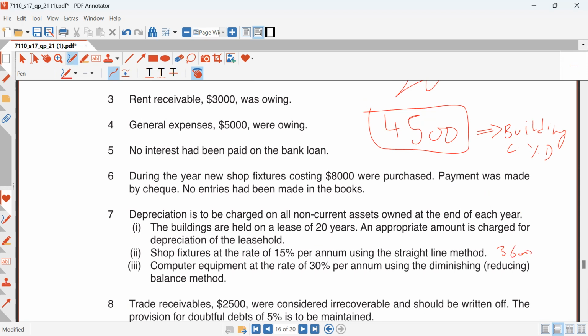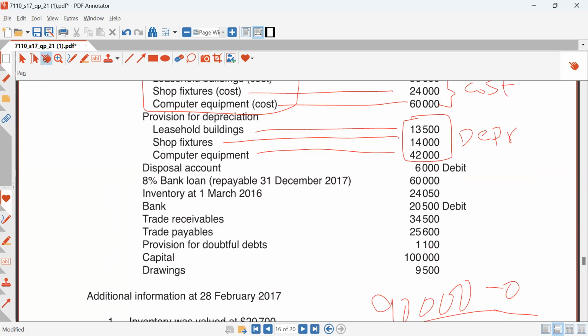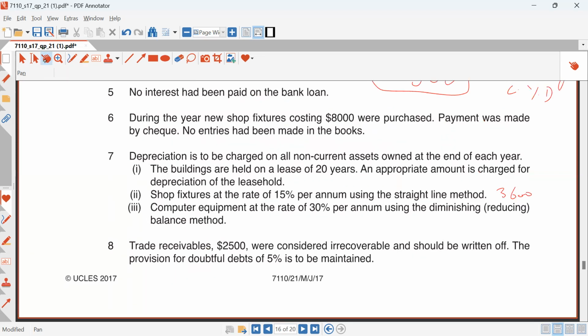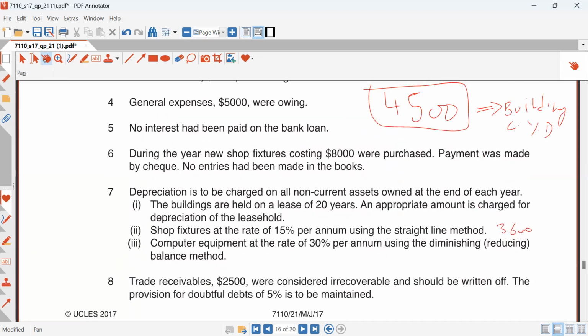But for computer equipment, it says 30% per annum using the reducing balance method. So for computer equipment, we will do cost, which is 60,000, minus provision for depreciation, which is 42,000. We'll get 18,000, and then we'll multiply it by 30%.